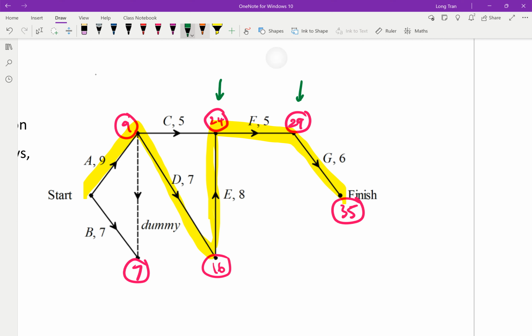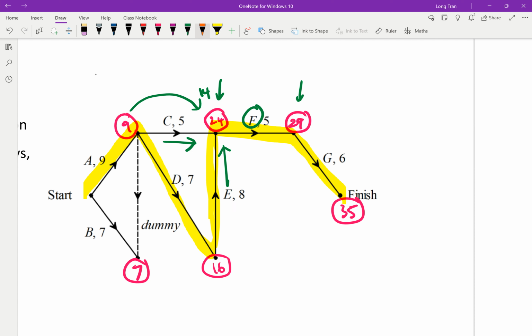But I can see a lot of people doing 9 plus the 5 and saying that the earliest start time they can do is 9 plus 5, which is 14, which is wrong. The reason is that F has a precedence of E. So F can't start until E and C are complete. But you can already see that D has to finish before E does. So E will take a total of 7 plus 8, which is 15 on top of the 9.